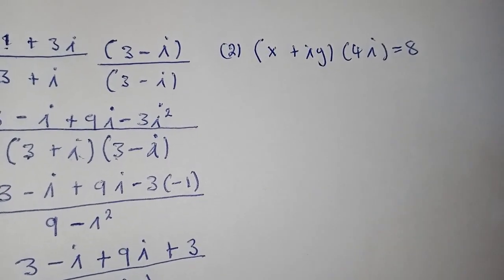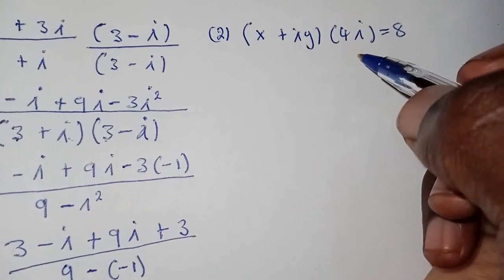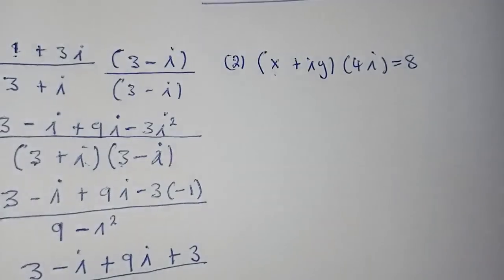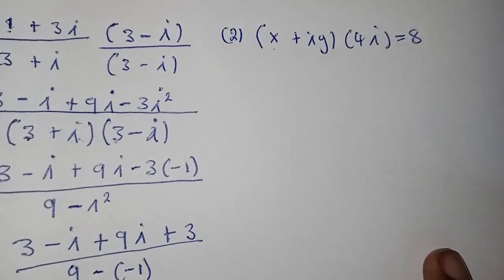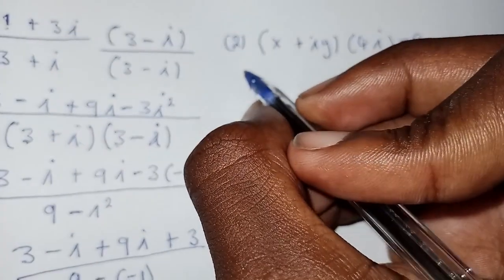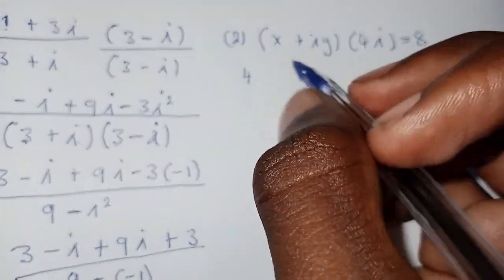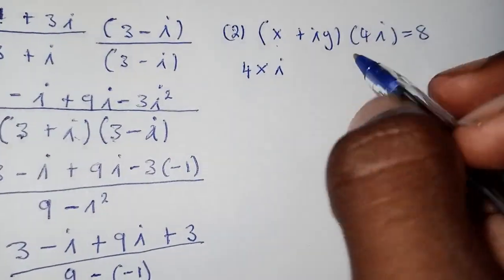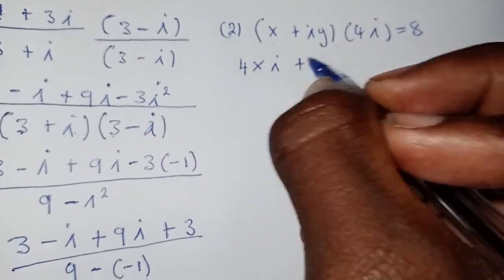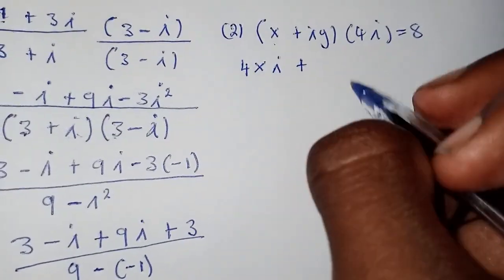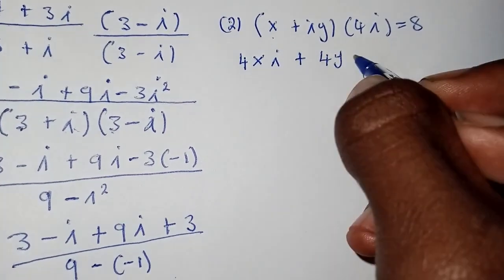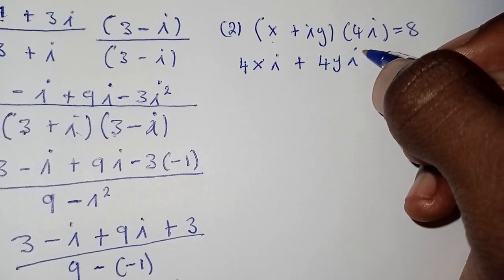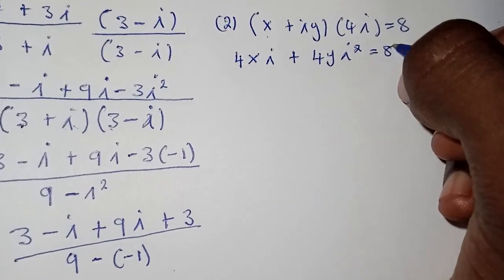For this question, what we do is expand everything. x multiplied by 4i, we are going to get 4xi, then plus iy multiplied by 4i, we're going to get 4yi squared, equal to 8.